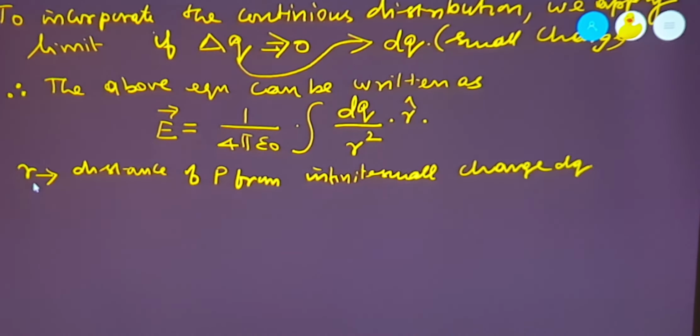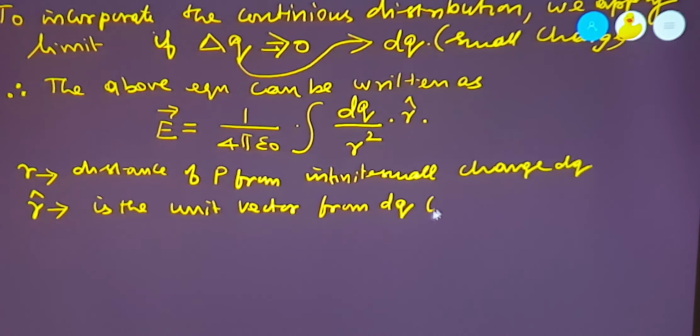And r cap is the unit vector from the small infinitesimal charge dq to the point P. Clear? So this we are considering as the general equation for the electrical field due to a continuous distribution of charges.